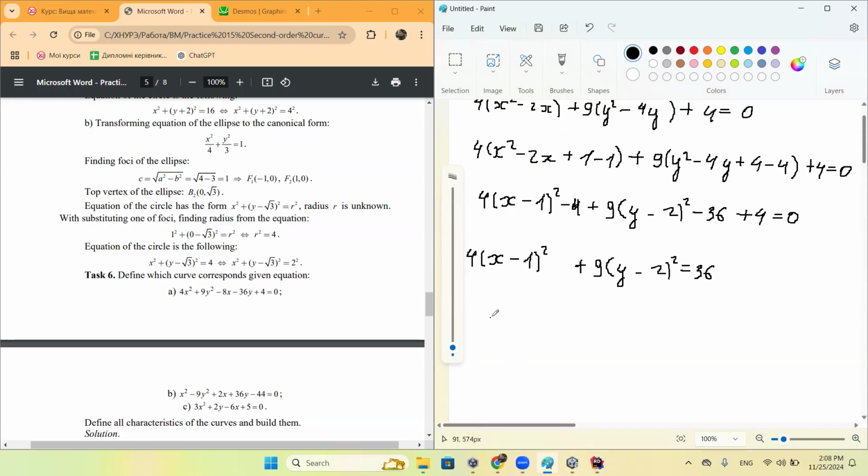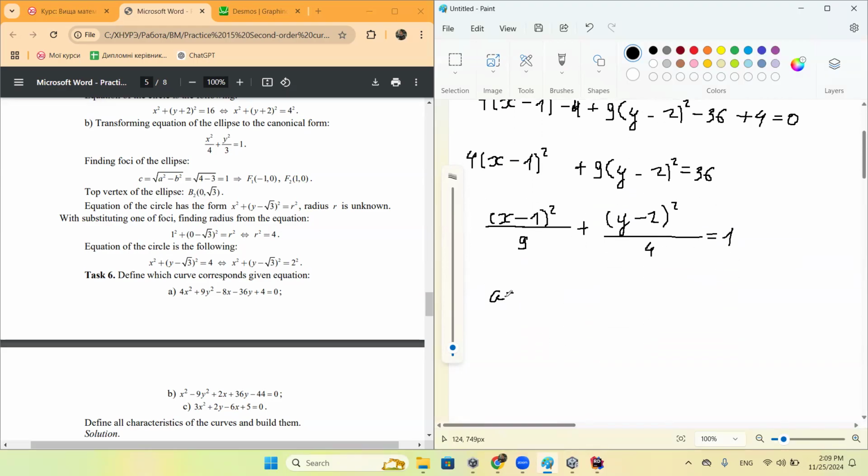But let's find the semi-axes. So x minus 1 in power of 2 by 9 plus y minus 2 in power of 2 by 4 equals 1. So a equals 3, b equals 2.